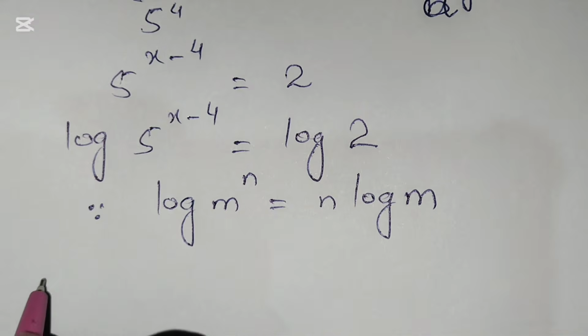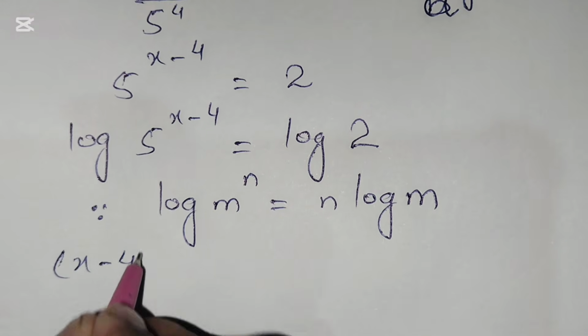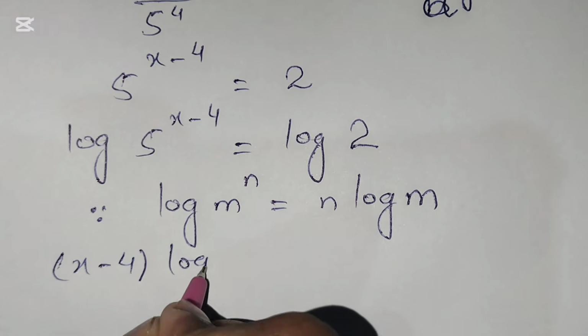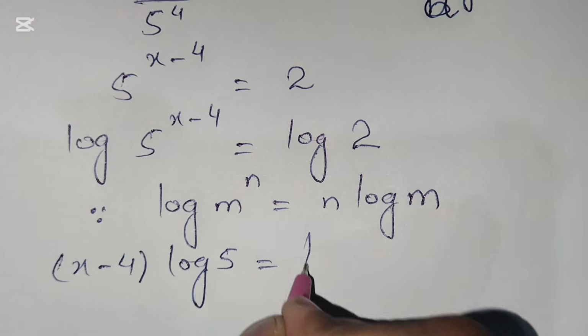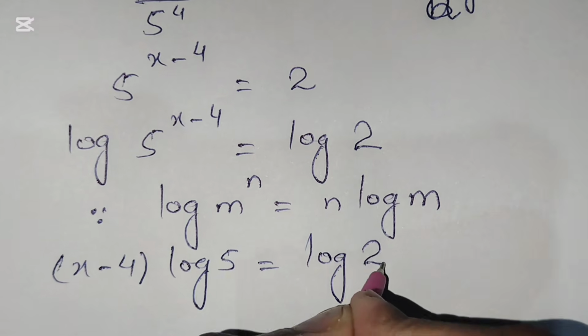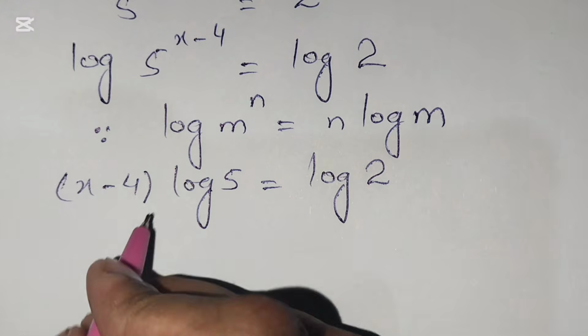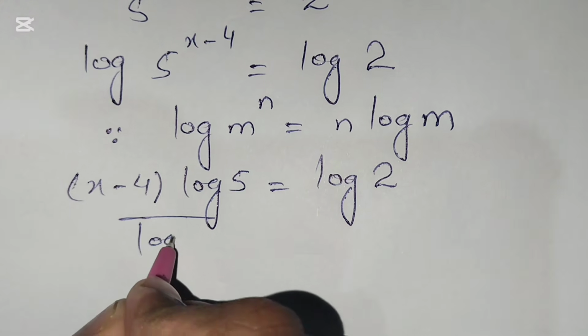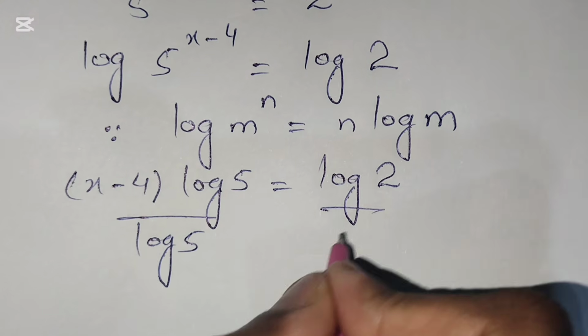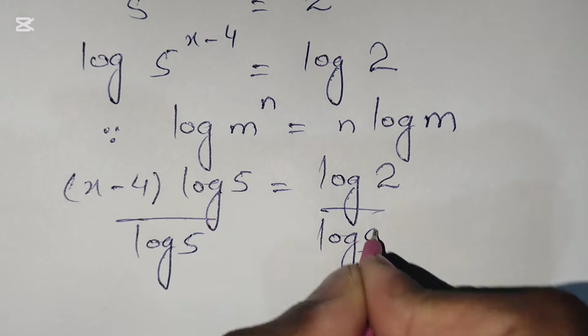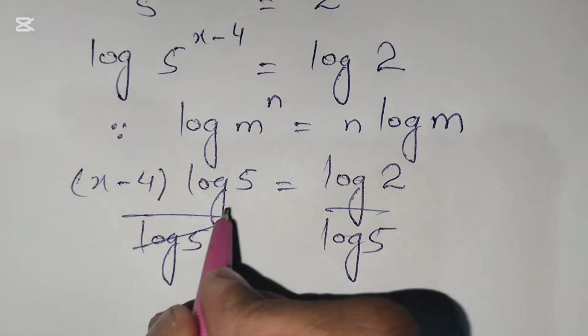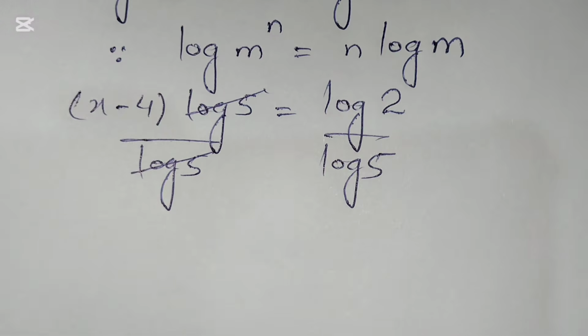So it will be x minus 4 times log of 5 equals log of 2. Divide log of 5 on both sides of the equation. Log 5 cancels with log 5.